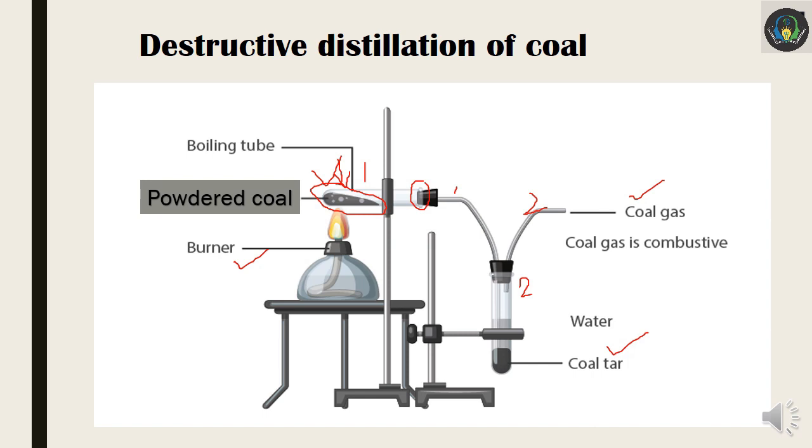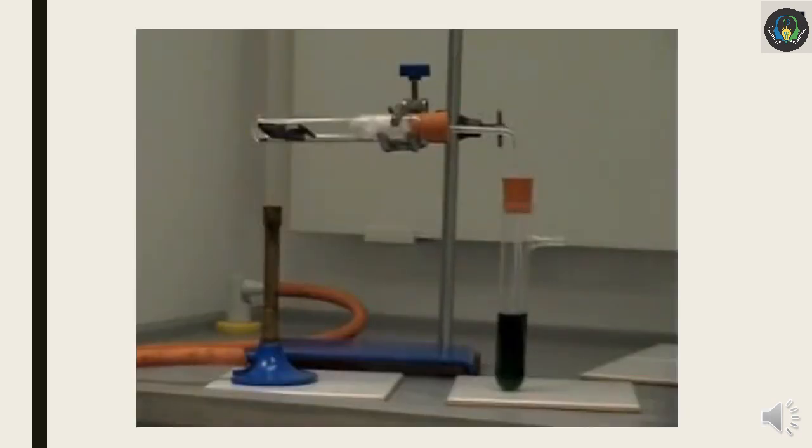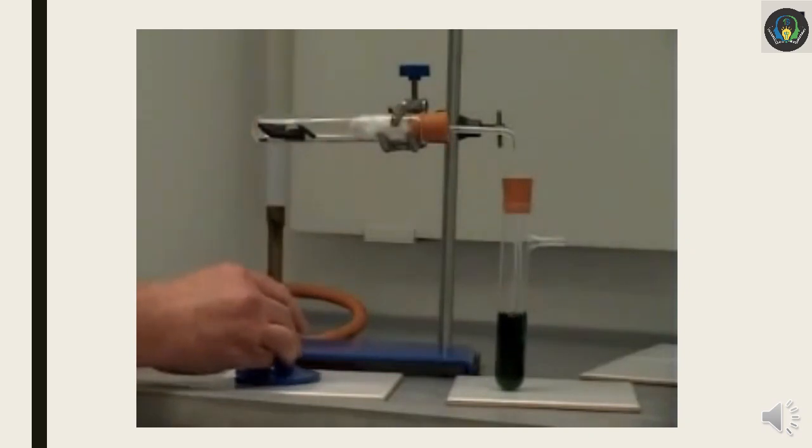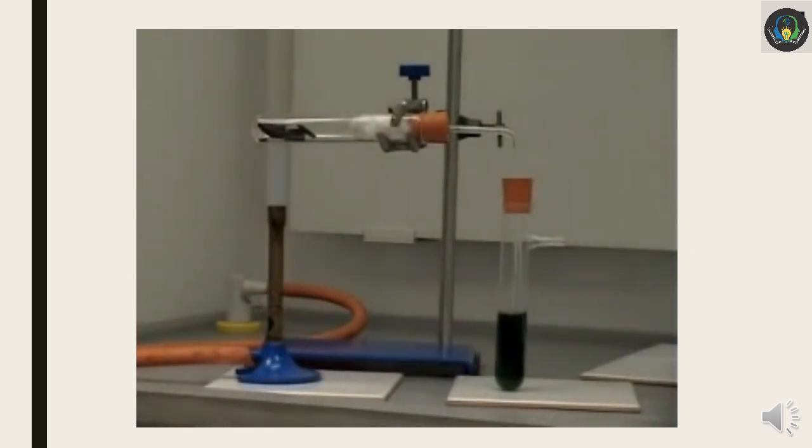Now we will be watching one video which is going to show us how the destructive distillation will take place in real. So let us have a look at that. They are setting the burner on fire. As you can see, these are the pieces of coal. Here is the second test tube, and as you can see, there are some bubbles over here.